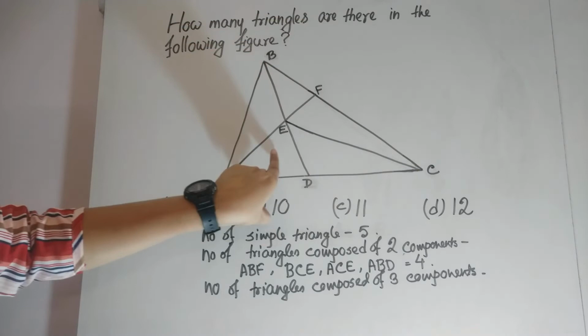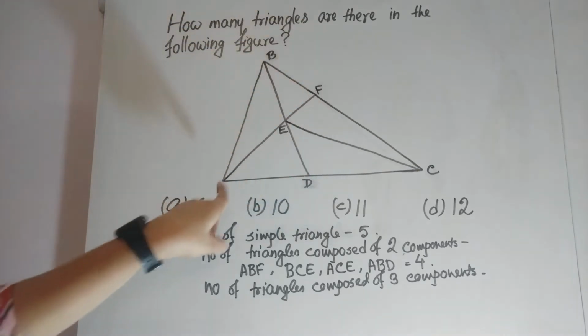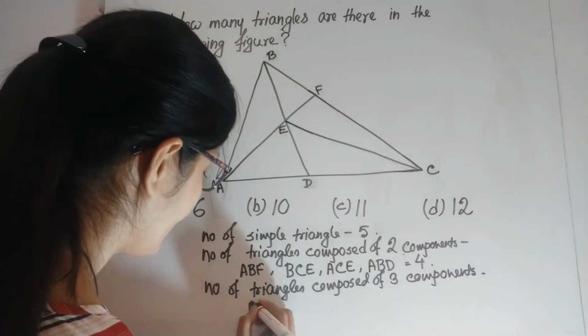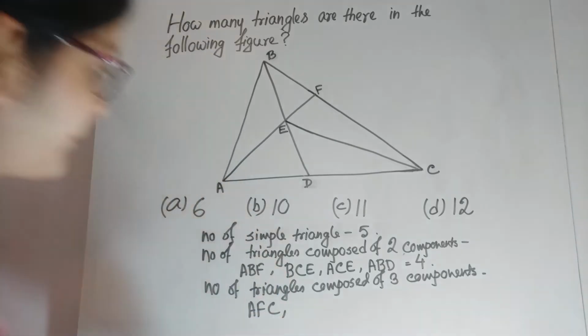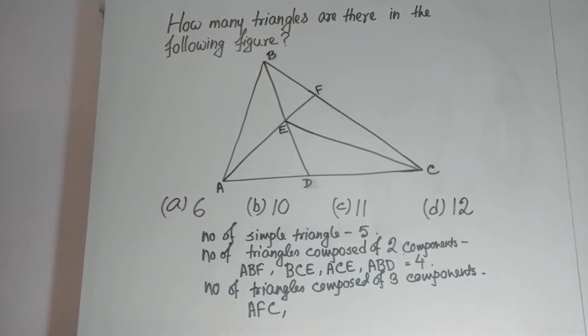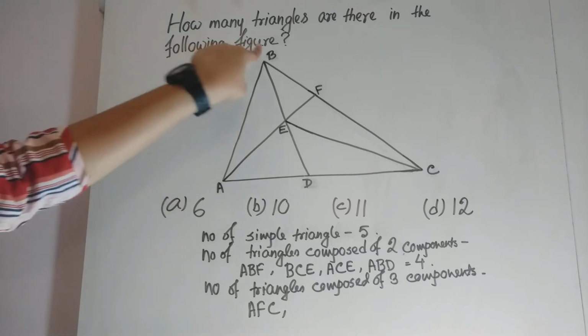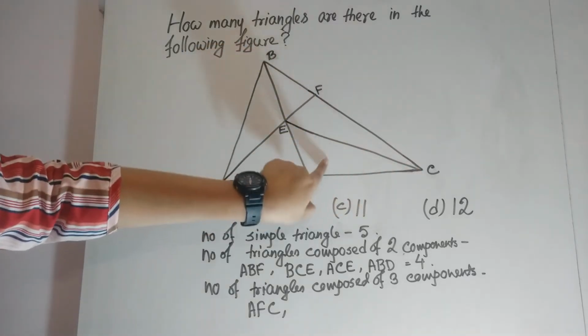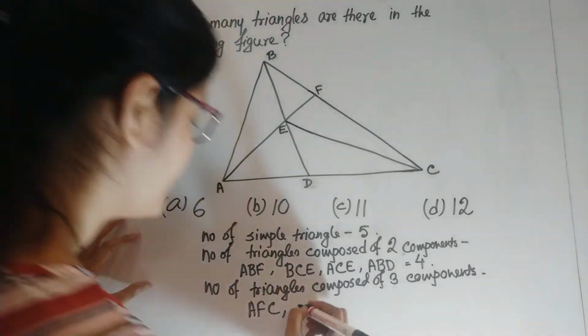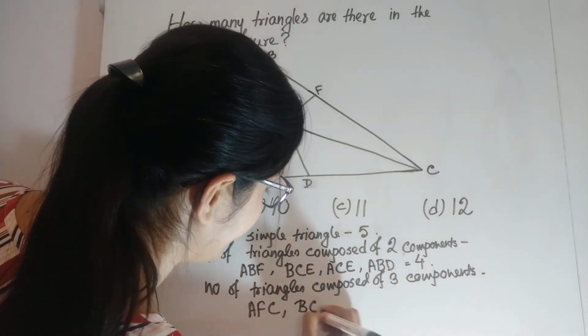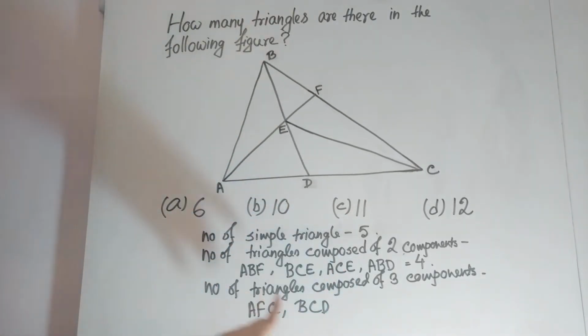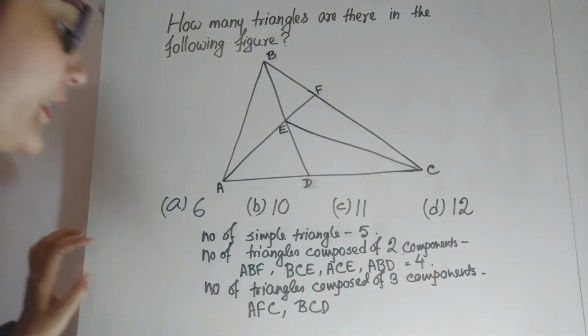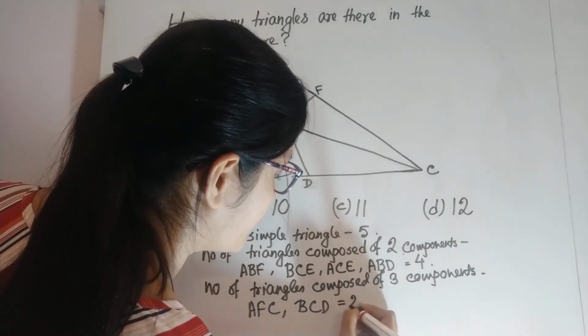AFC. See, 3 triangles are there inside. Is there anyone else? BCD. See, BCD. 3 triangles are inside. Therefore, number of triangles composed of 3 components is 2.